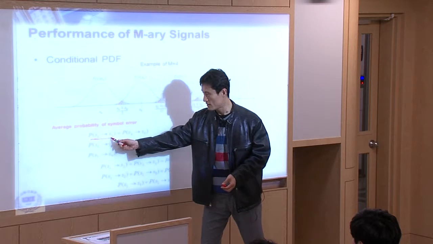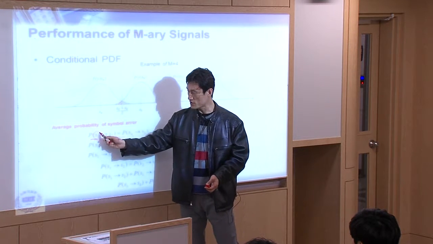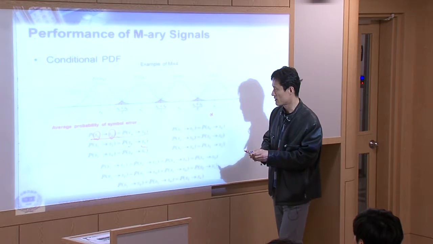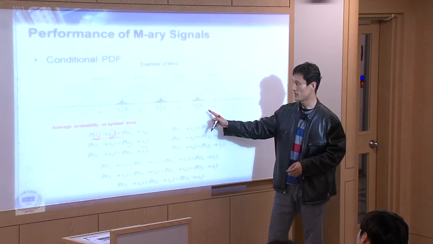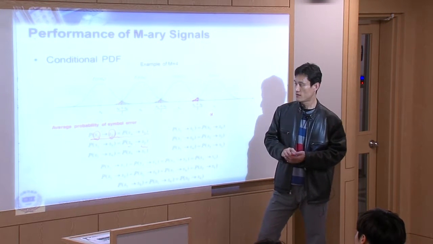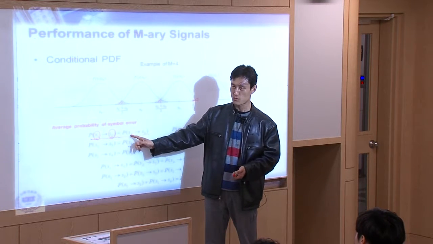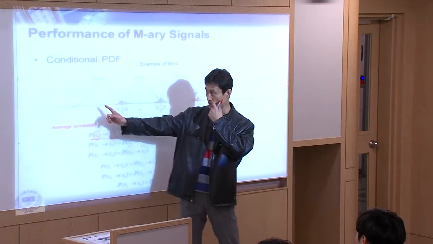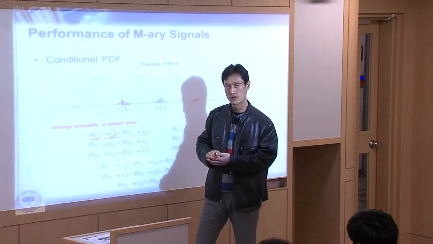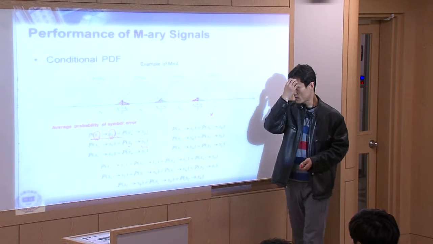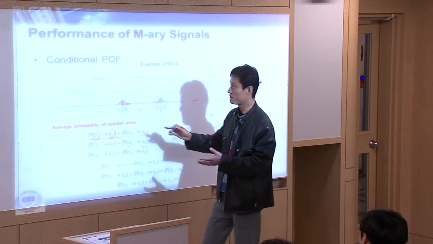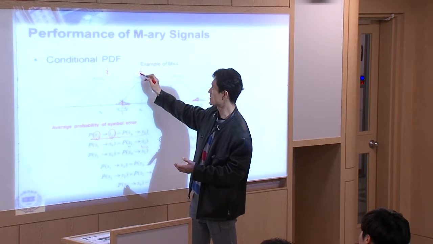When you look at here, let's take a look at this one. S1 is transmitted, but S2 is received. So that is this probability right here. What about this? S4 is transmitted, S3 is received. That's this probability. This probability is the same if you use this assumption.